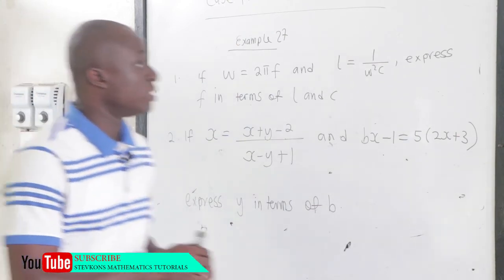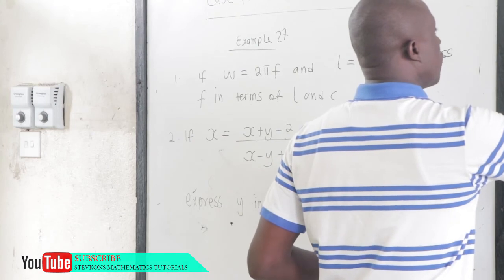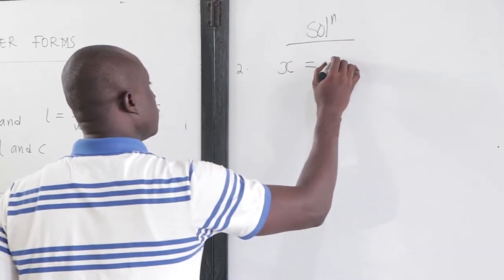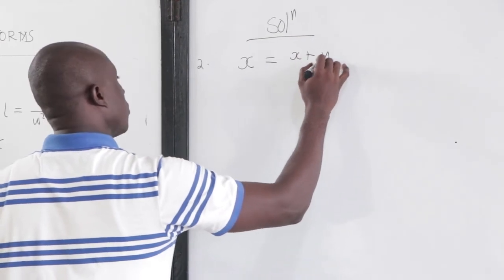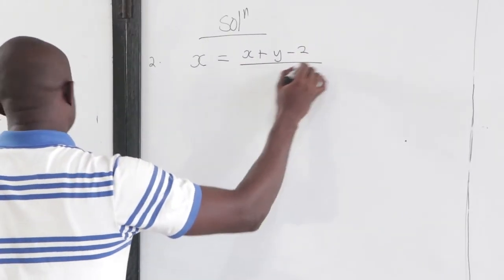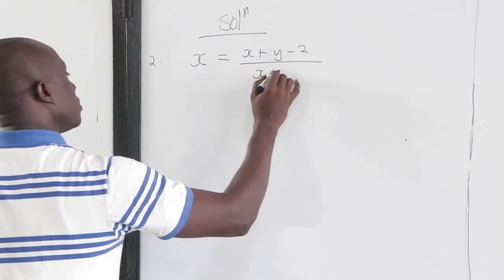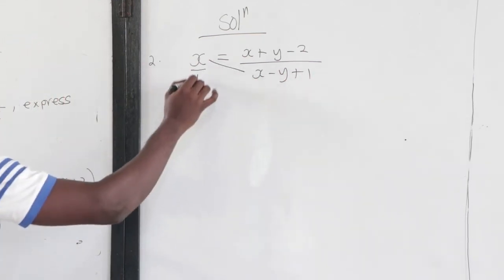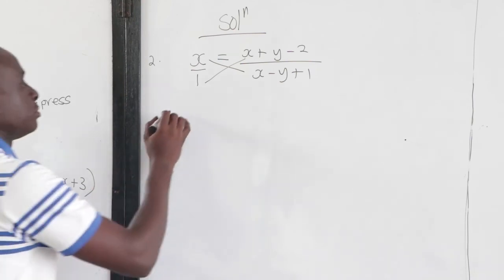So from the first one, we have x equal to (x plus y minus 2) all over (x minus y plus 1). This is over 1, so we can cross multiply.